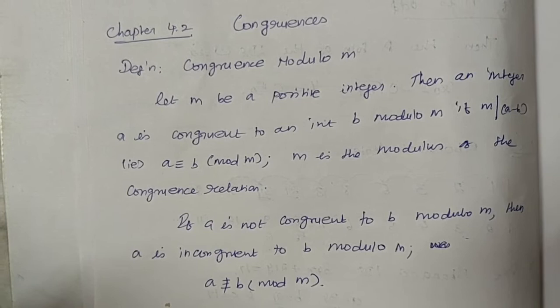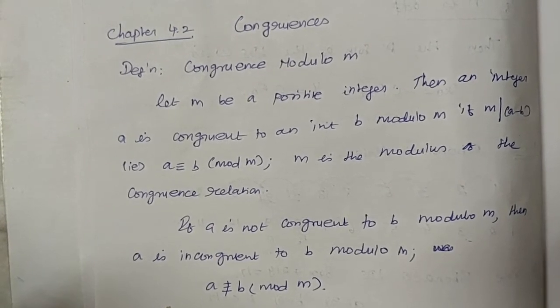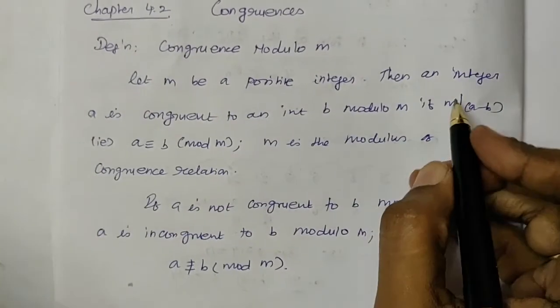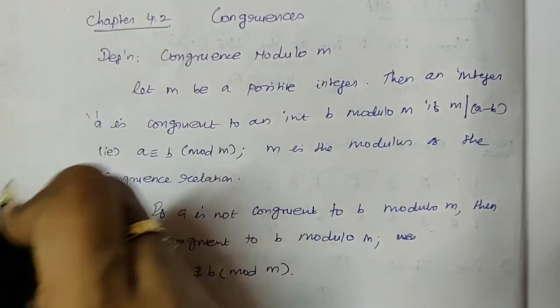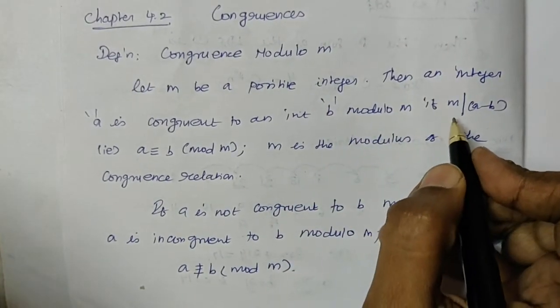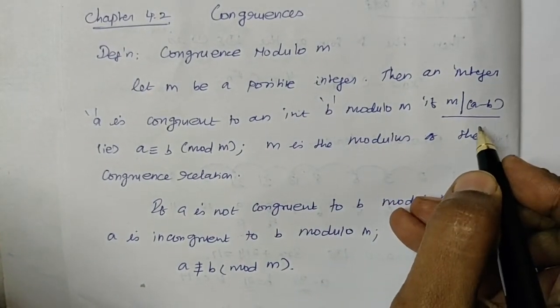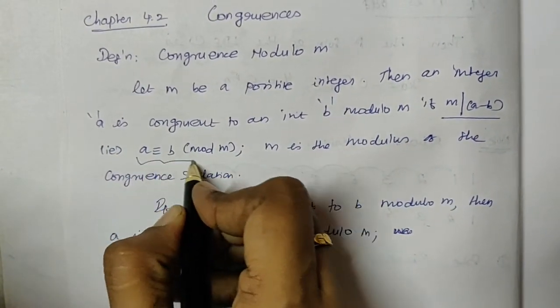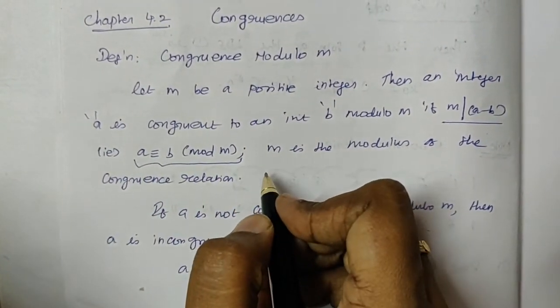So in this first let us see the definition of congruence modulo m. Let m be a positive integer, then an integer a is congruent to an integer b modulo m if m is a divisor of a minus b, that is a is congruent to b mod m.